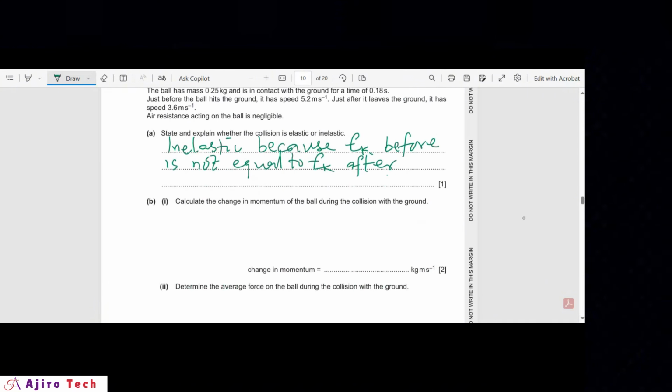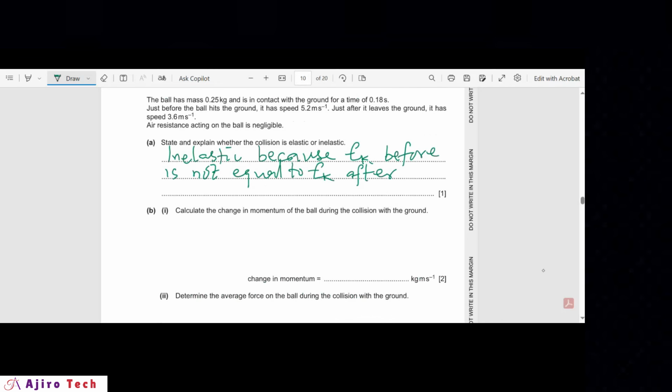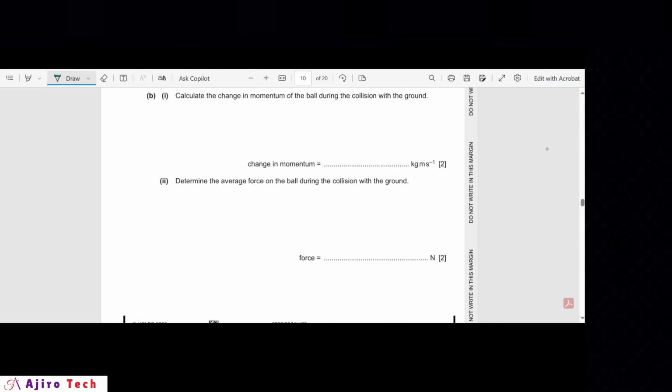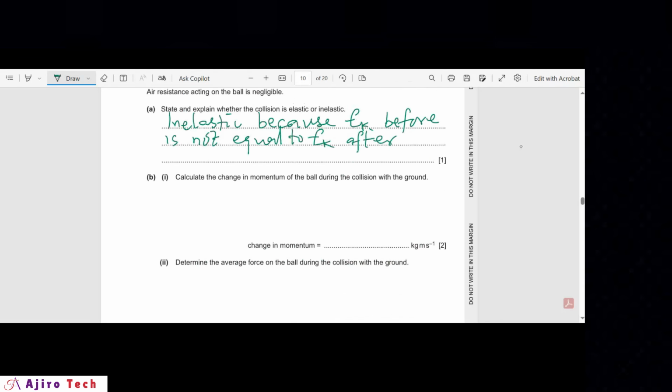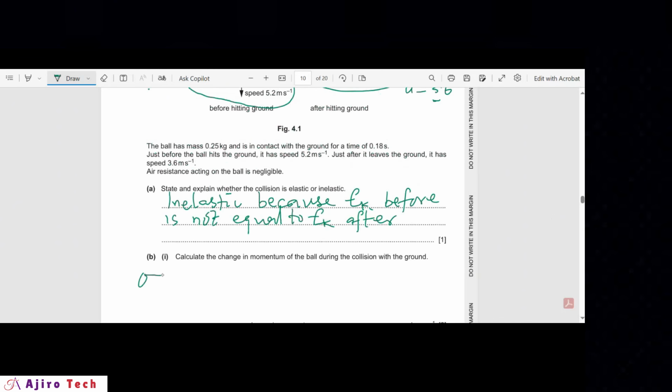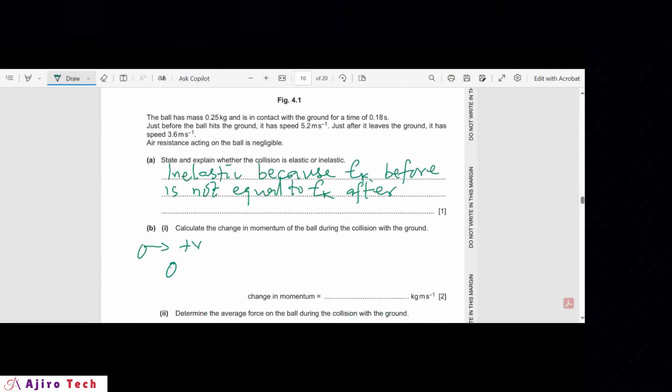Calculate the change in momentum of the ball. Now, let me put it through on something here. Note that when an arrow is moving to the right, it is having a positive momentum, positive velocity. An arrow moving to the left is having negative velocity.